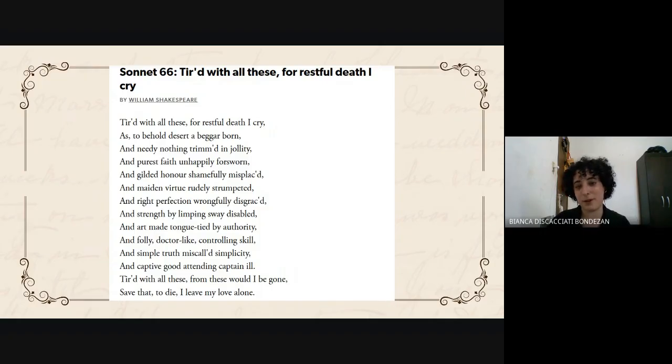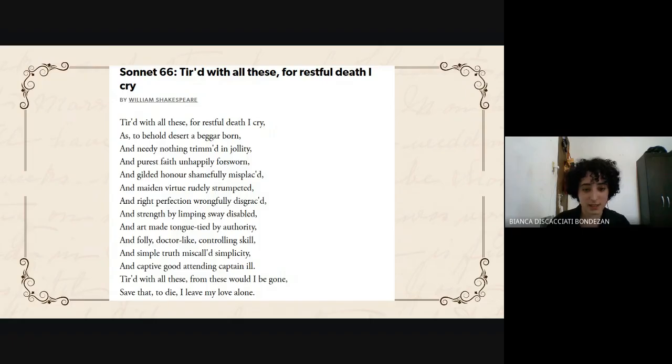Okay, so tired with all these, for restful death I cry, as to behold desert a beggar born, and needy nothing trim in jollity, and purest faith unhappily forsworn, and gilded honor shamefully misplaced, and maiden virtue rudely strumpeted, and right perfection wrongfully disgraced, and strength by limping sway disabled, and art made tongue-tied by authority, and folly doctor-like controlling skill, and simple truth miscalled simplicity, and captive good attending captain ill.